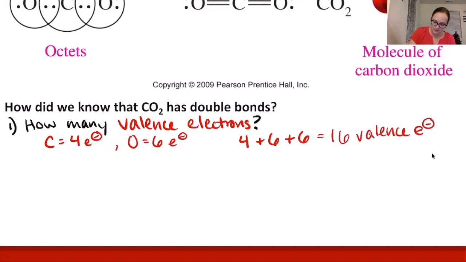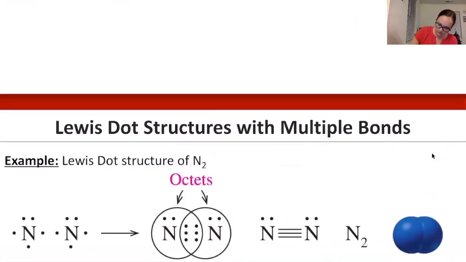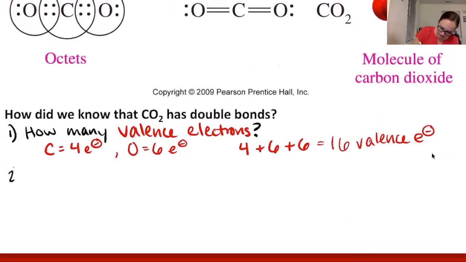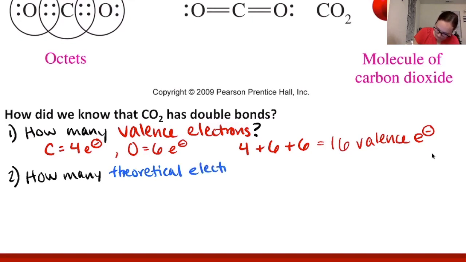Okay, step 2 in determining how many bonds we're going to need in our molecule is going to be, what is the number of theoretical electrons in the molecule? So we're going to ask how many theoretical electrons.